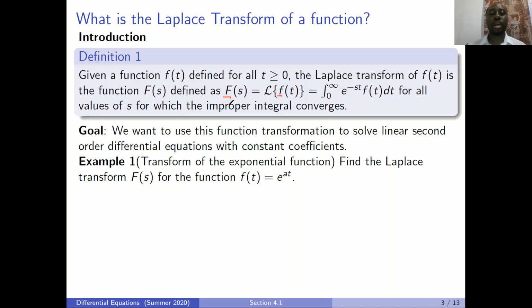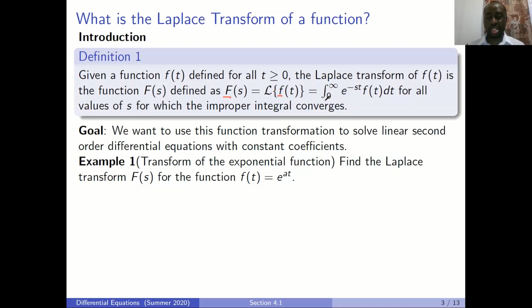So we can do this for a function f, and the goal is to use this transformation process to solve ordinary differential equations. What we are going to discover down the line is that this integral transformation, when applied to derivatives, makes the derivative process very straightforward, and essentially allows us to convert differential equations into algebraic equations.